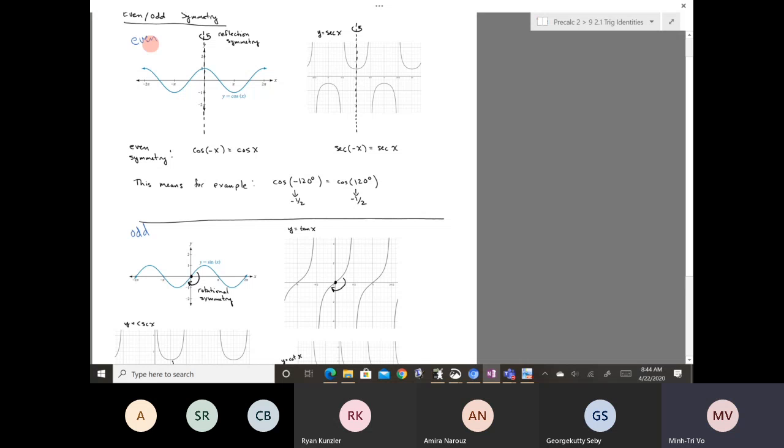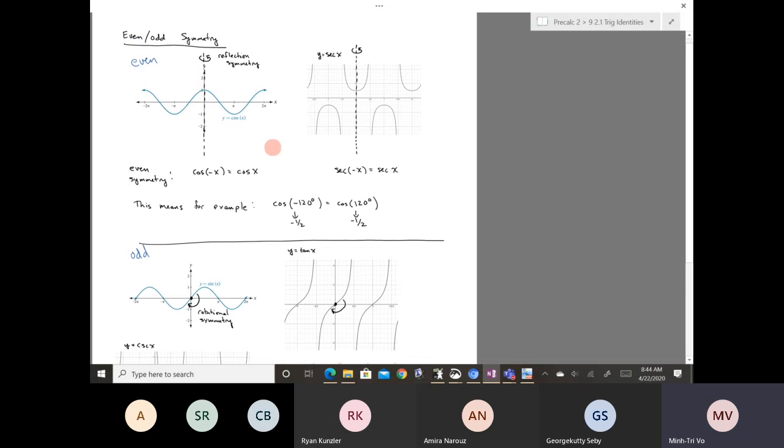You can see the kind of symmetry by looking at the shape of the graph, right? Here we have the shape of the cosine function, and the symmetry for this graph is if you cut the graph in half along the y-axis, then the left half and the right half are mirror symmetries of each other.